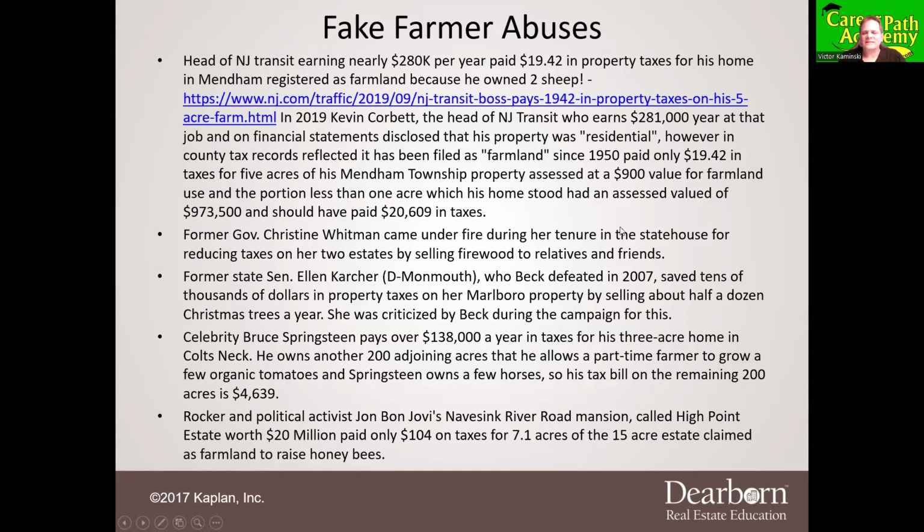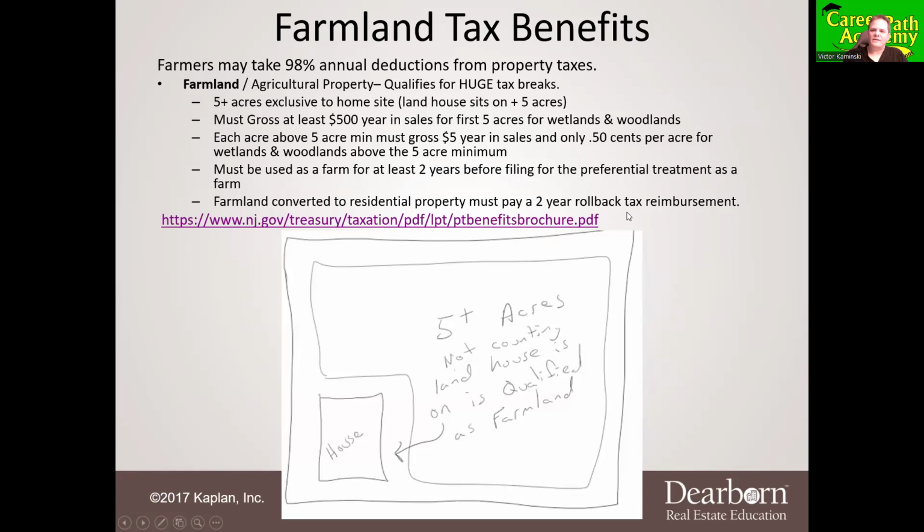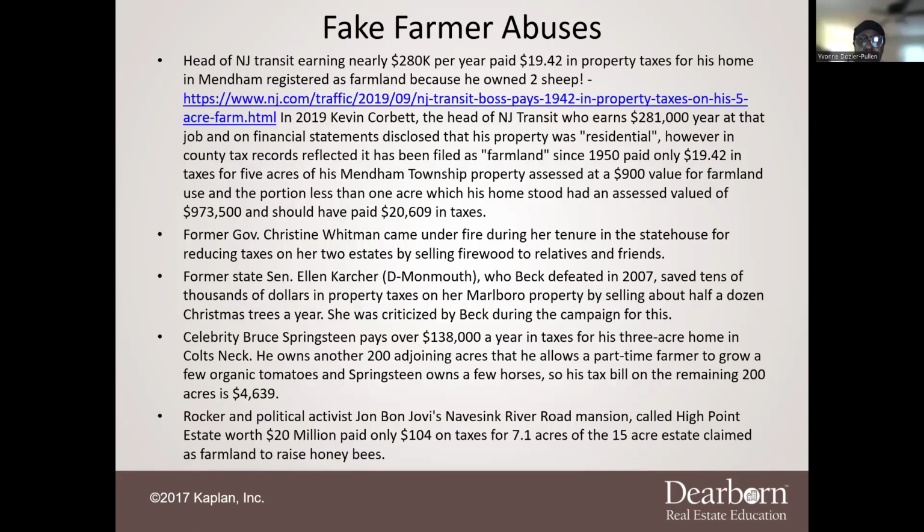Okay, so check this out. You want to be mad? You want to see how the politicians built in these tax loopholes under the guise of them being just breaks for farmers? The head of New Jersey Transit has a salary of $280,000 a year.